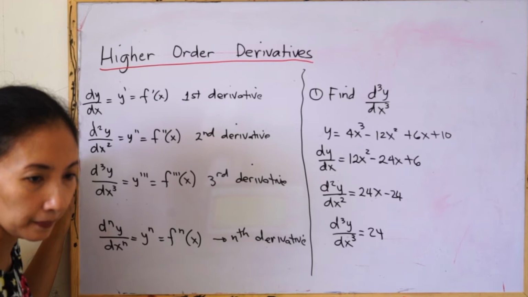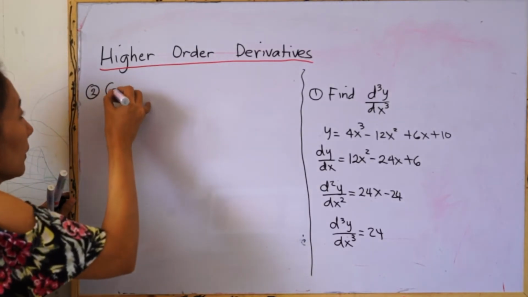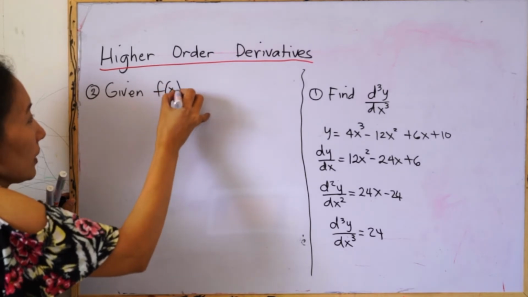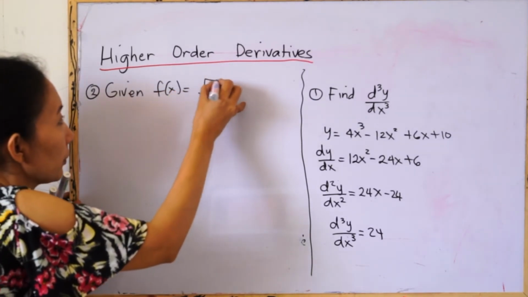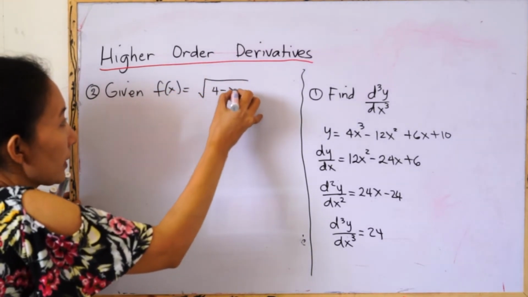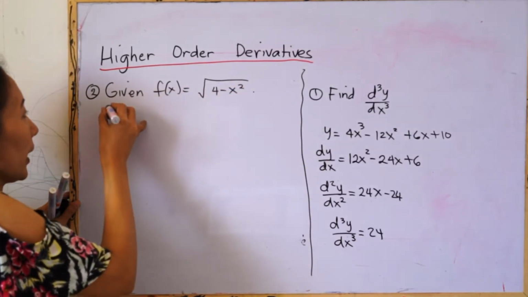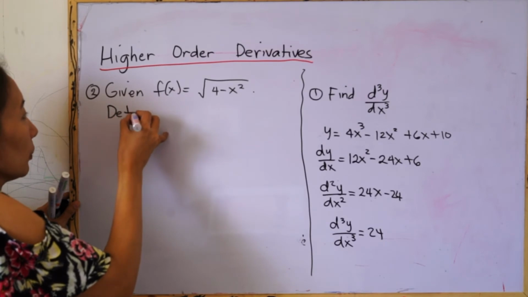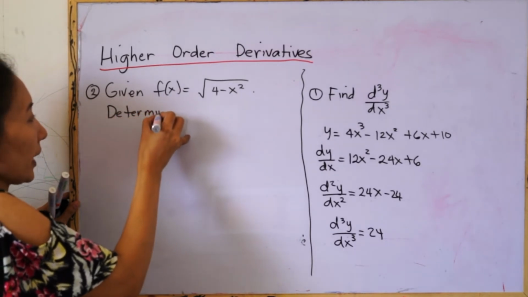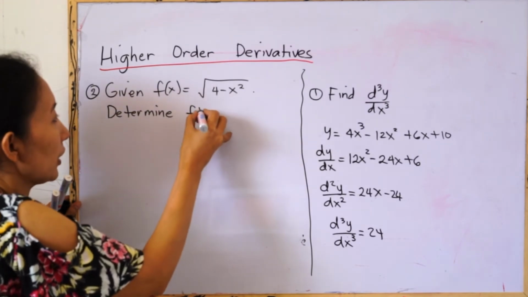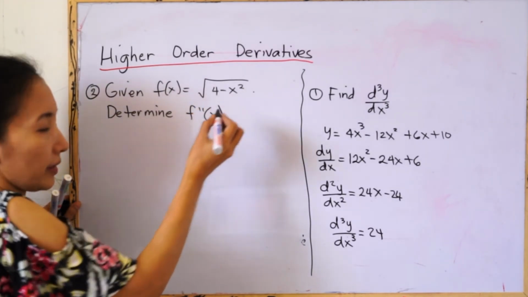Next problem. Given f of x equals the square root of 4 minus x squared. What are we going to find? We are to look for the second order derivative, determine f double prime of x.